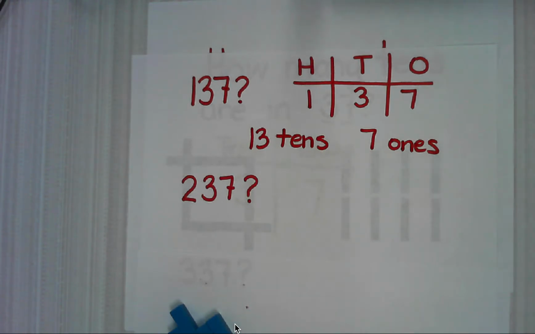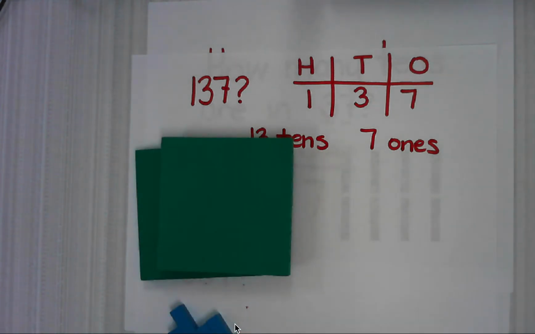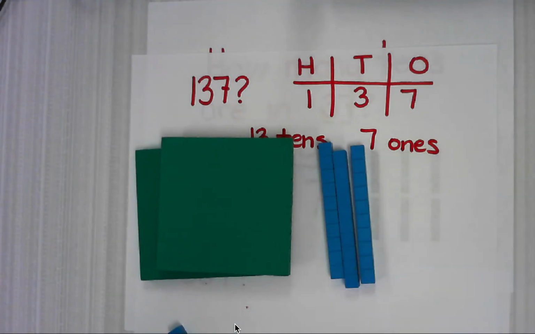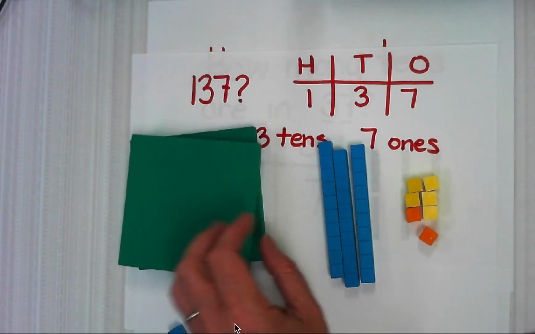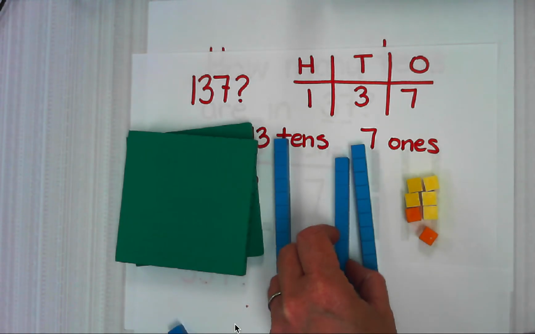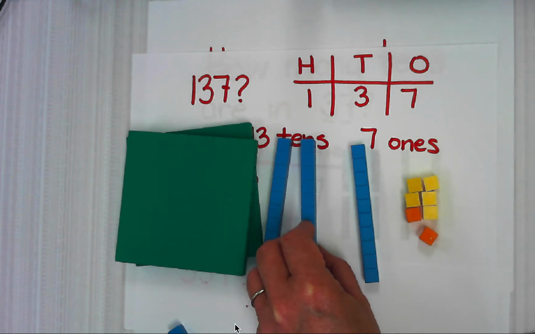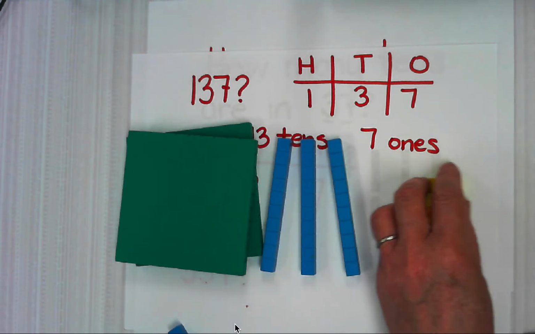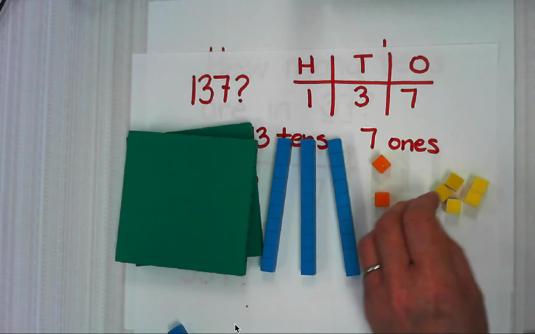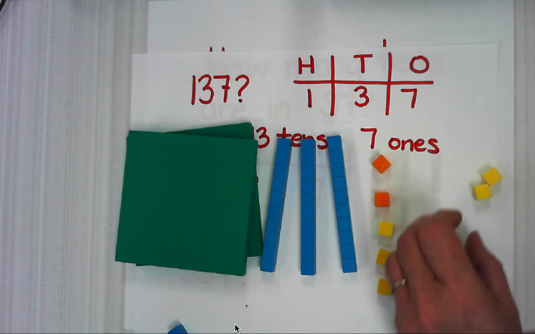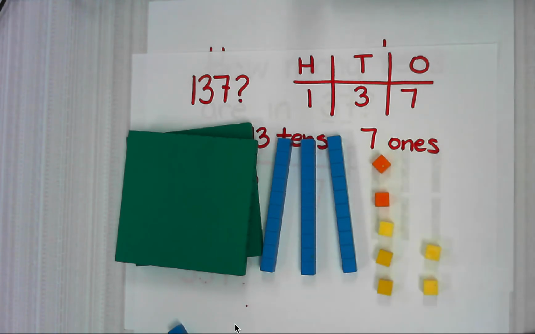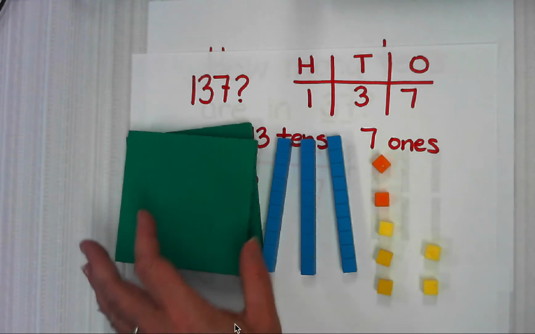So 237, that would normally be 2 hundreds, 3 tens, 7 ones, right? 100, 200, count these by 100, 210, 220, you better count with me, 230, 231, 232, 233, 234, 235, 236, 237. Do you agree? I know you agree because you were counting with me.